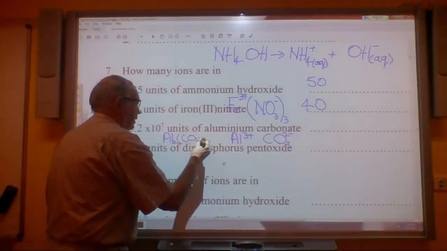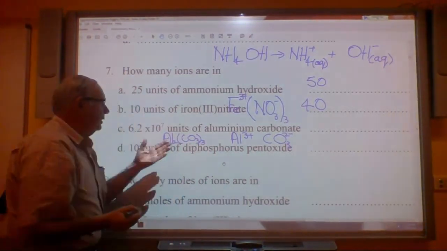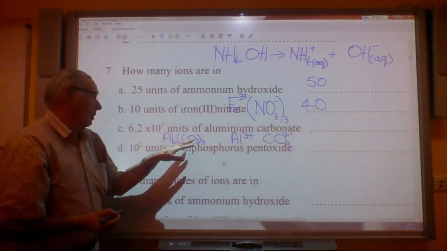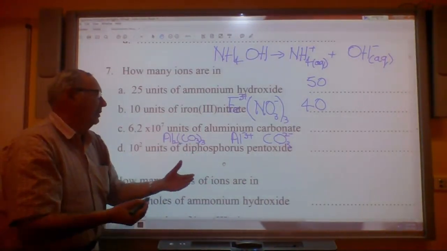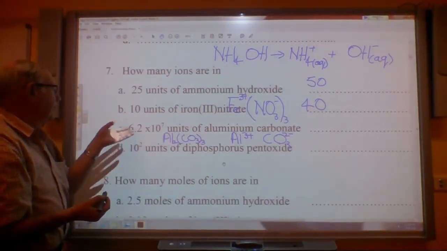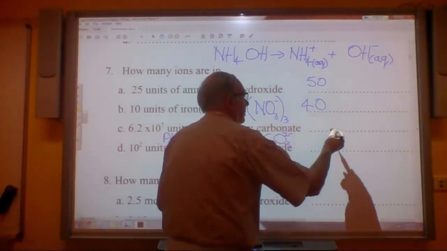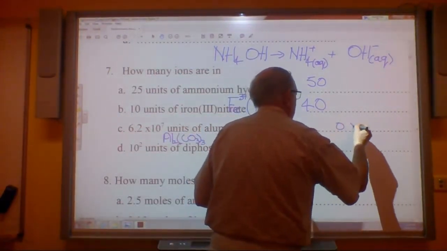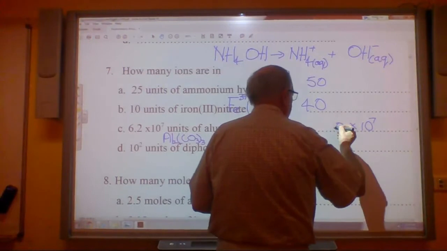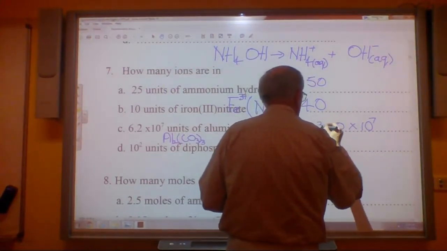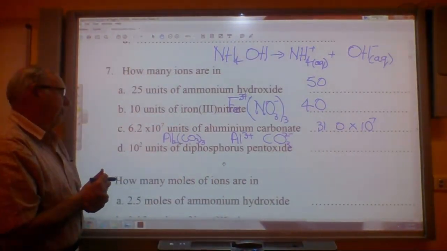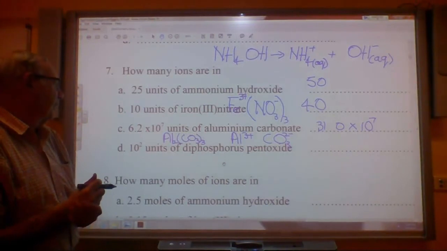So aluminium carbonate has a total of 5 ions if we could get it to dissolve in water. So it's 5 times that, which would be 31 by 10 to the power of 7.